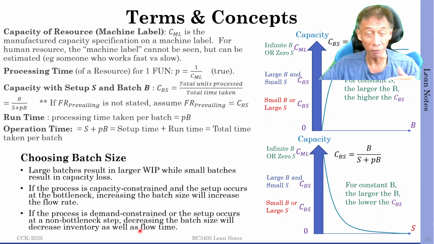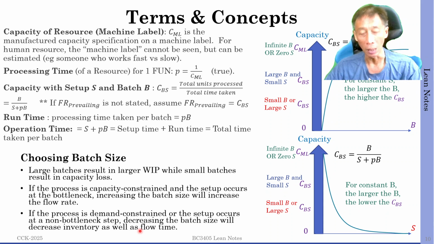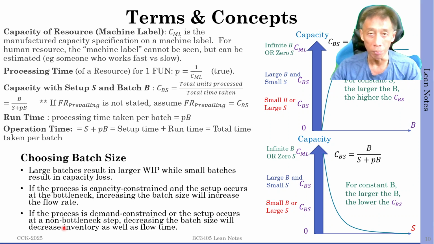So the FR demand was low, our FR out was high. Reducing batch size will have the effect of reducing the FR out and thereby, hopefully, regaining the situation where supply equals demand.